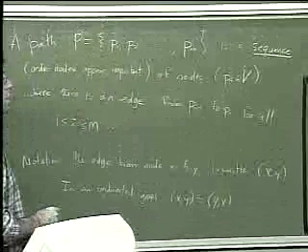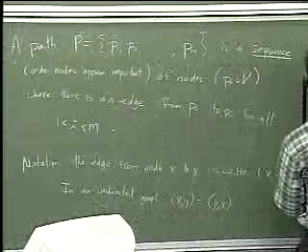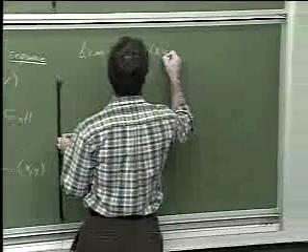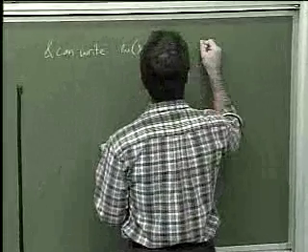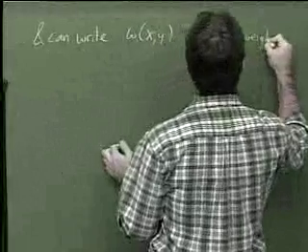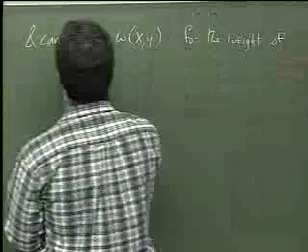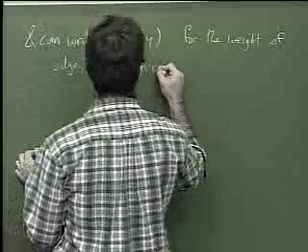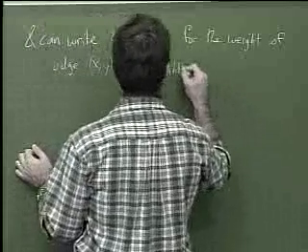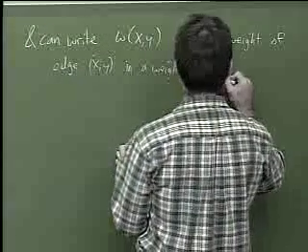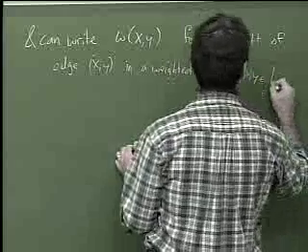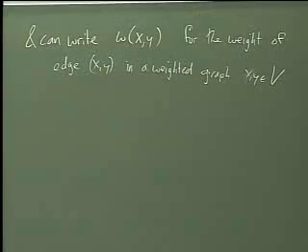The edges are the same. And we can write w(x, y) for the weight of edge (x, y) in a weighted graph, where x and y are both nodes in the graph.